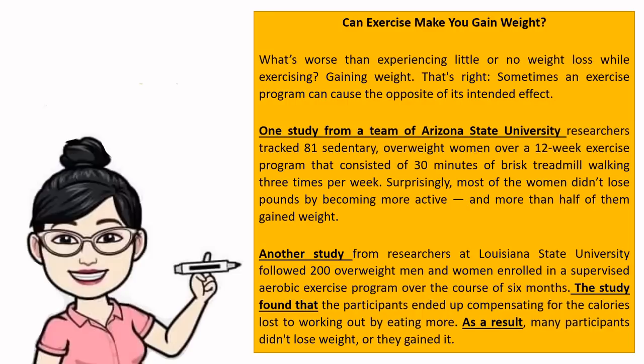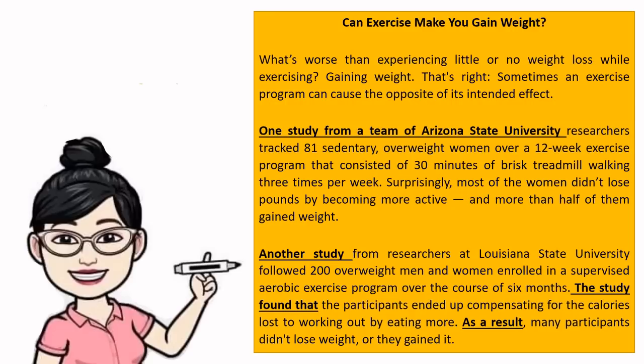One study from a team of Arizona State University researchers tracked 81 sedentary overweight women over a 12-week exercise program that consisted of 30 minutes of brisk treadmill walking 3 times per week. Surprisingly, most of the women didn't lose pounds by becoming more active, and more than half of them gained weight.